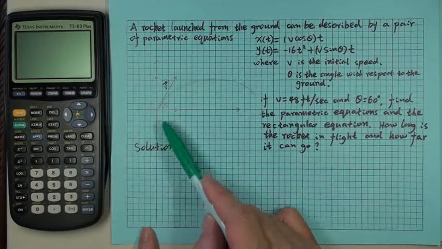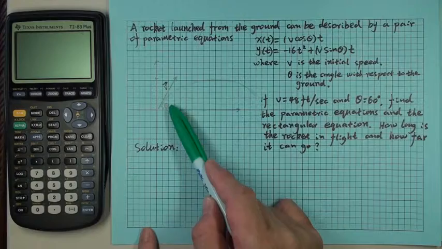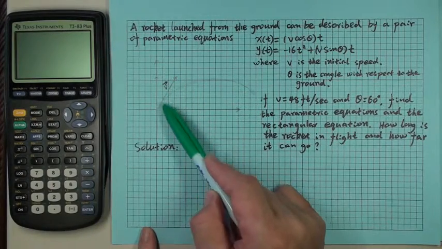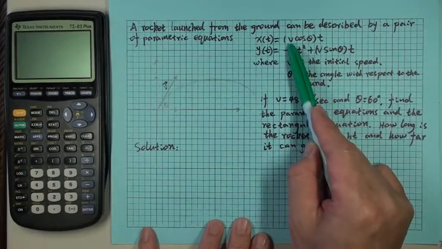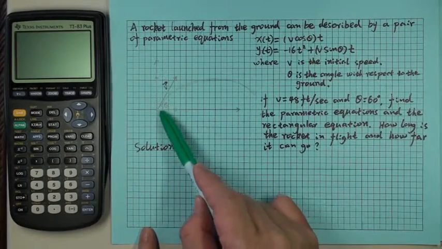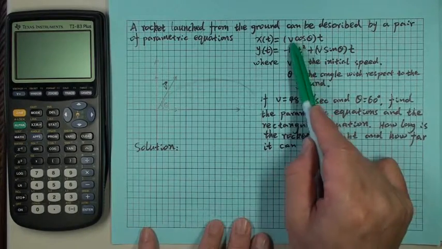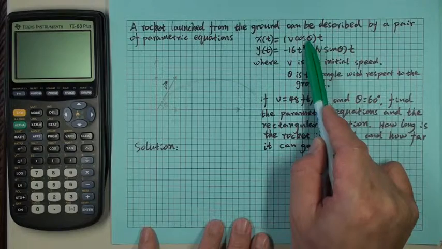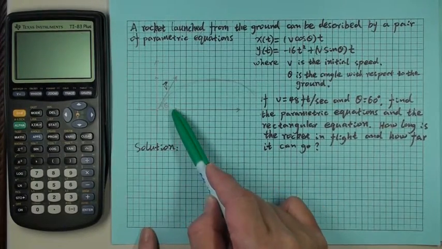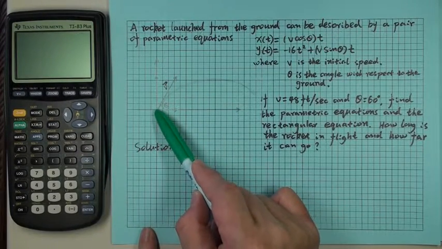The horizontal vector is v cosine theta, because leg over hypotenuse is cosine theta.